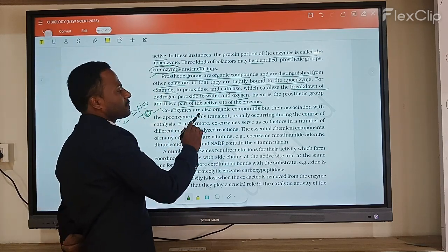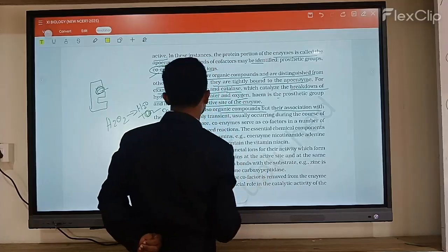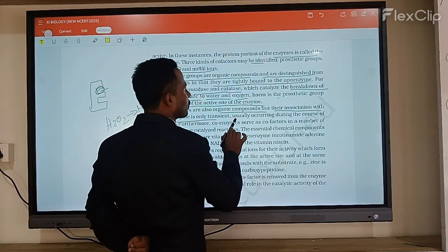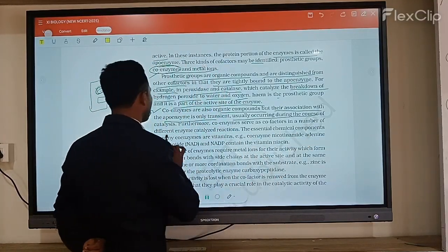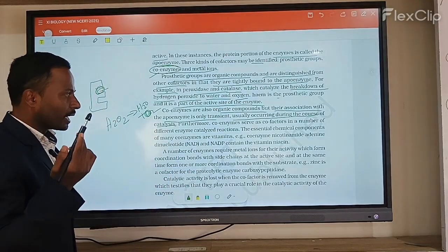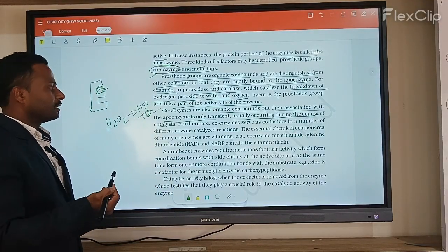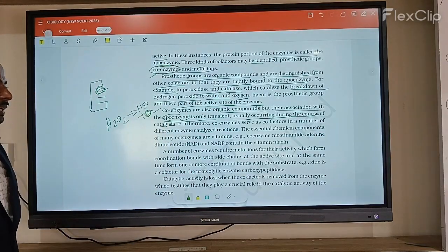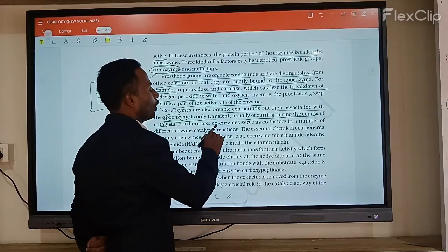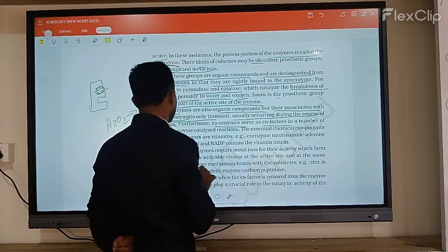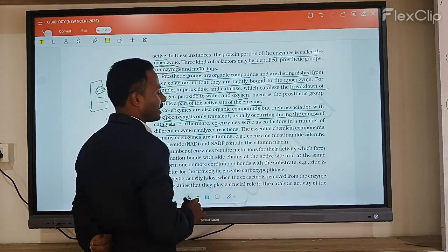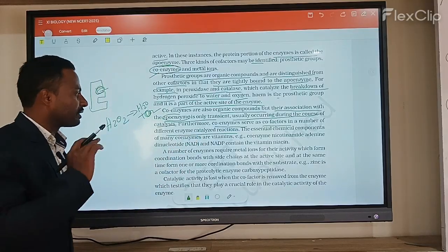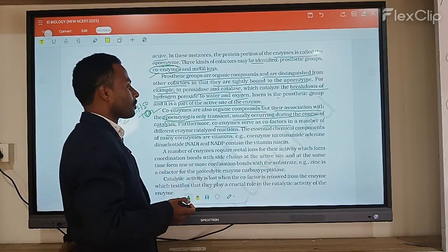Next, the second one is coenzymes. Coenzymes are organic compounds that are associated with the apoenzyme only transiently, usually during the course of catalysis. Furthermore, coenzymes serve as cofactors for a number of different enzyme-catalyzed reactions, participating in different enzymes and different catalysts.